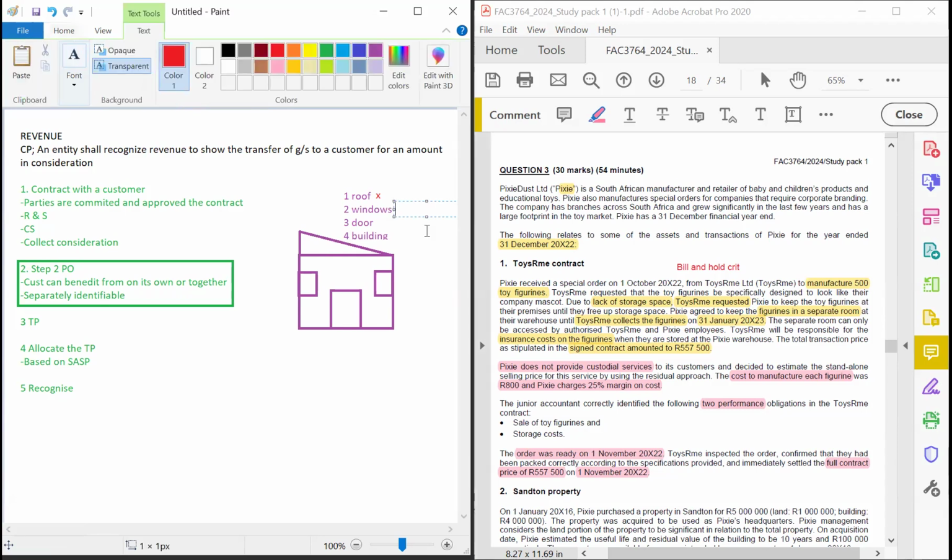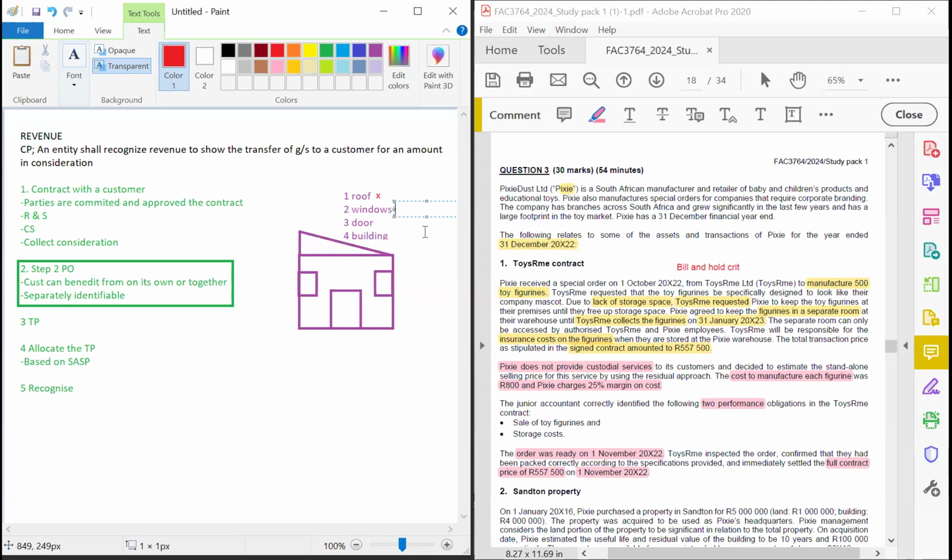But now here's a tricky one, right? With regards to the windows, can the customer benefit from the windows alone or together with the construction of the house? So it is yes. So now we answer the second part of separately identifiable. Are the windows modified?